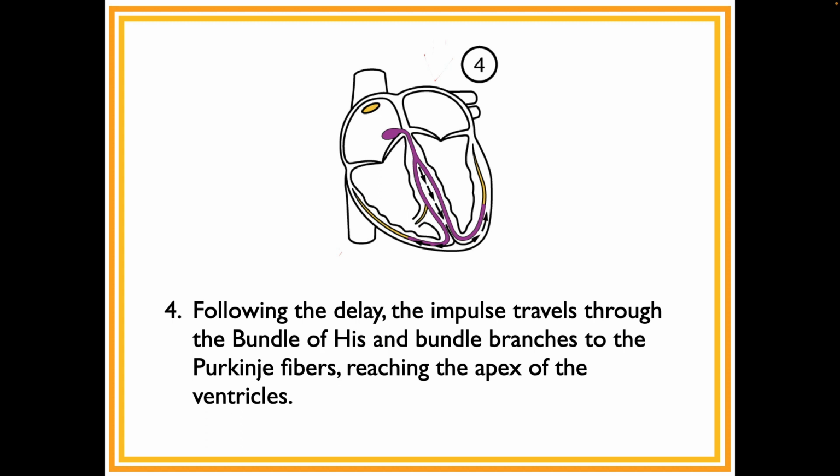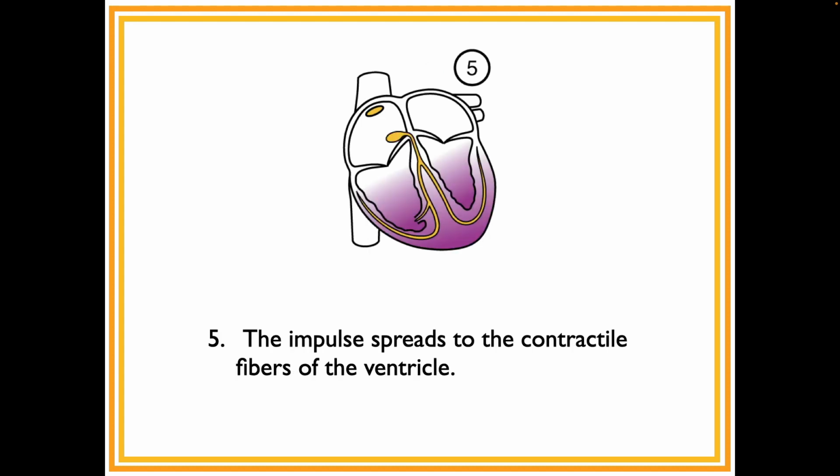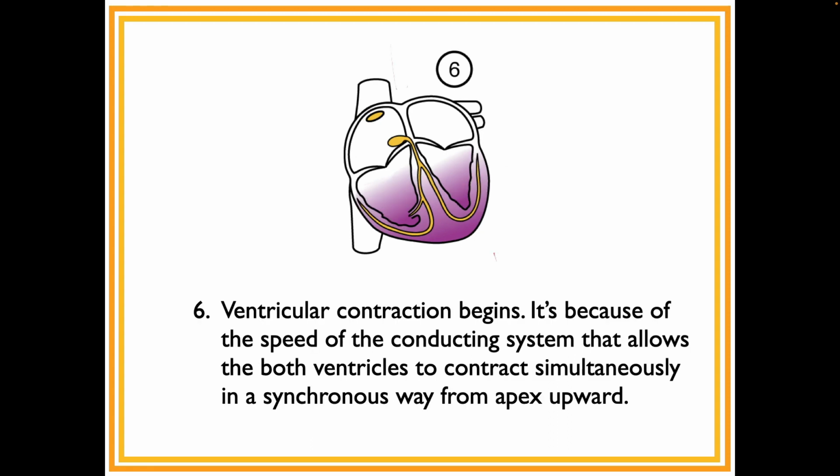Following the delay, the impulse travels through the bundle of His and the bundle branches, reaching the apex of the ventricles, and then the impulse spreads to the contractile fibers of the ventricles. Ventricular contraction begins, okay?